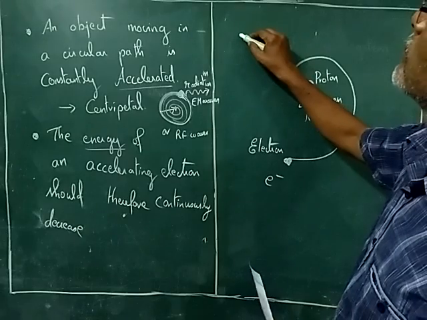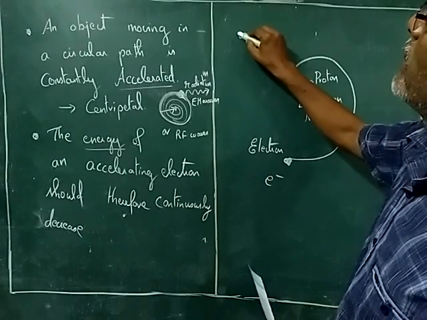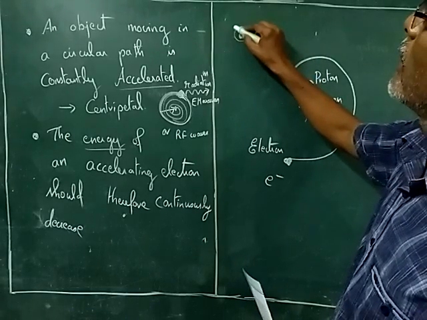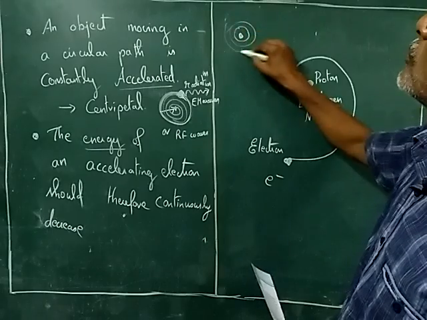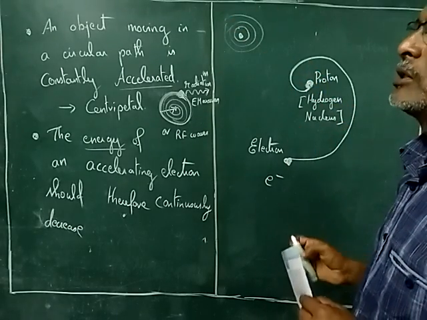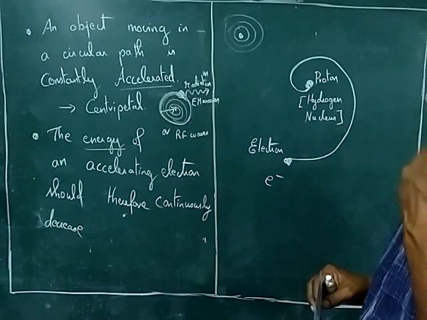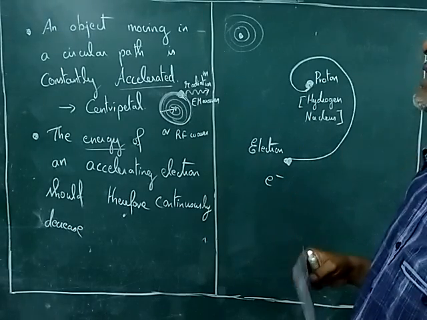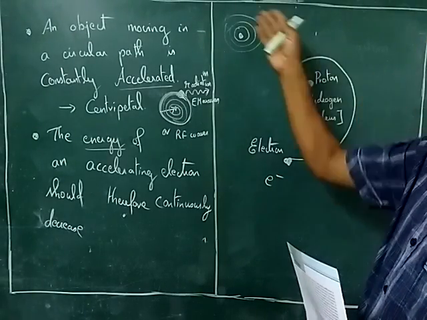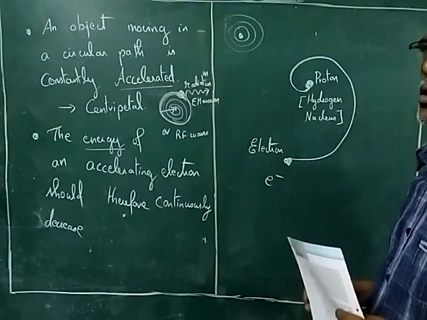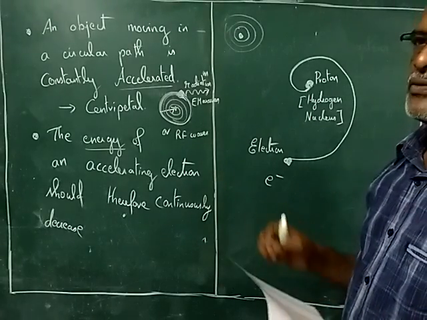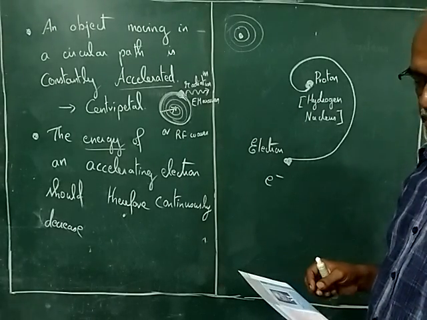Stable means electrons should revolve around the nucleus and there should not be any loss in energy. Only if there is no loss in energy, then it can have a stable movement of the electron around the nucleus.